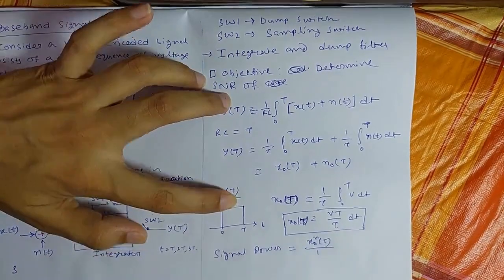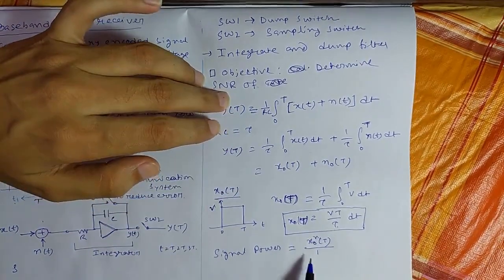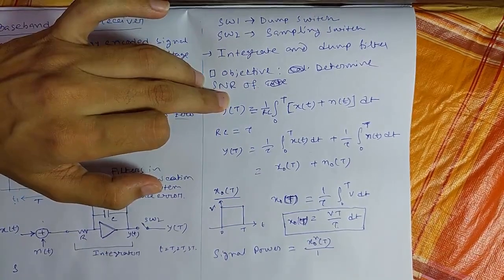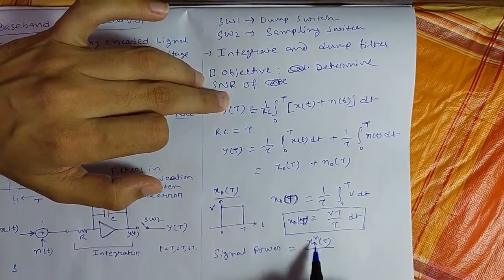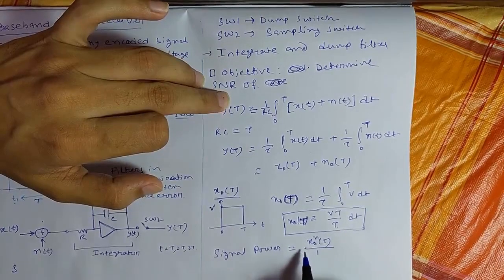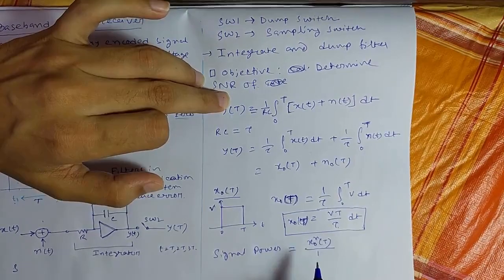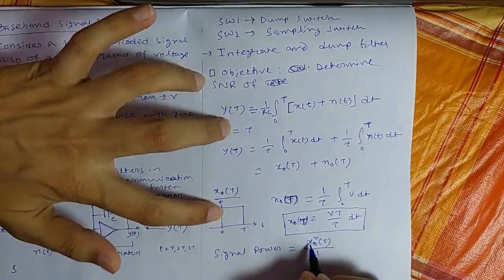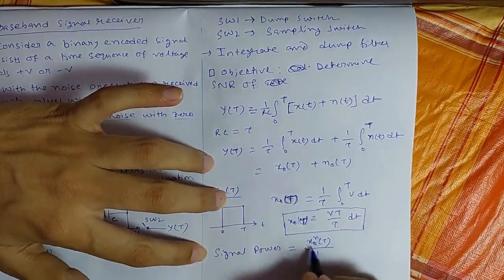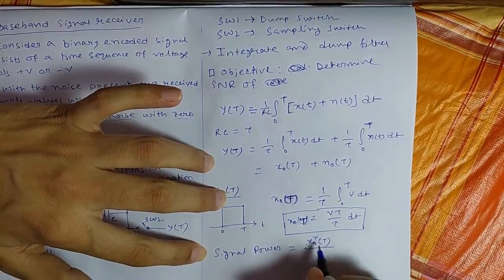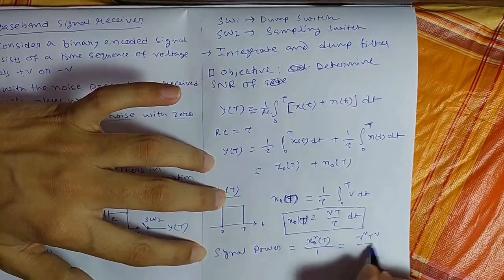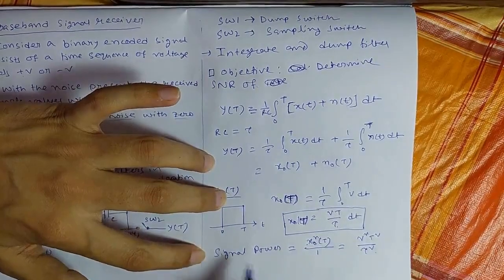Here I am taking power with respect to a 1 ohm resistance, so that is V squared by R, where R is 1 ohm. So the signal power is normalized with respect to 1 ohm resistance. So x0(T) squared, that is voltage squared by resistance, will be V squared T squared by tau squared. So that is the signal power.